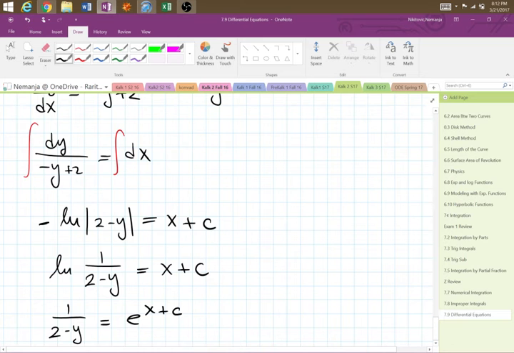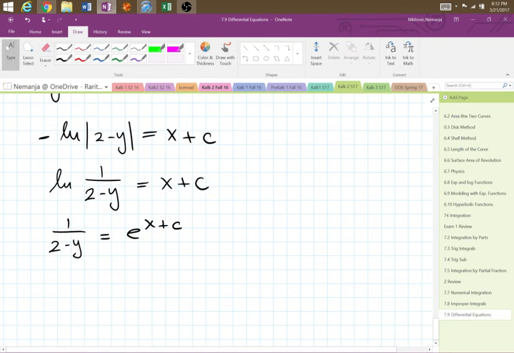All of these logs and e's, yes. Okay. So the negative 1 in front of ln goes as the exponent, which flips the fraction, right? And then hit e on both sides, kills ln. Now we separate off the plus c, sorry, times, which I'm going to call A again.